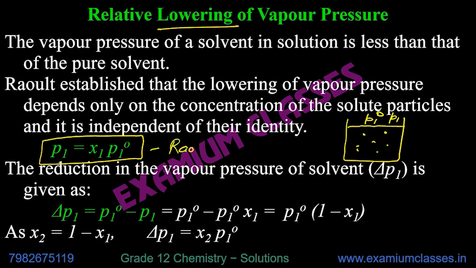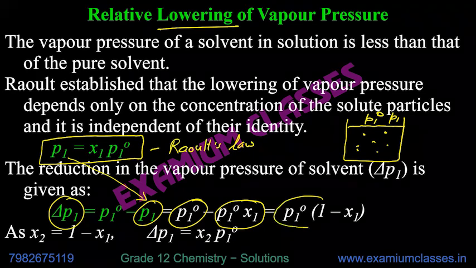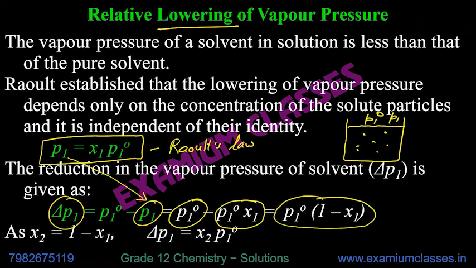The lowering in vapor pressure, not relative, just lowering, will be initial minus final. Substituting, it is P1 naught minus P1 naught X1, that is P1 naught times (1 minus X1).